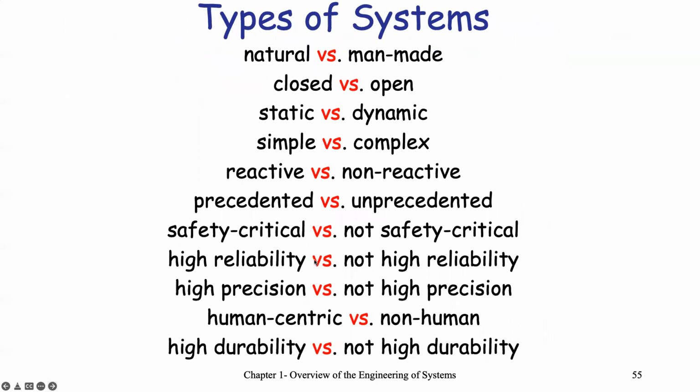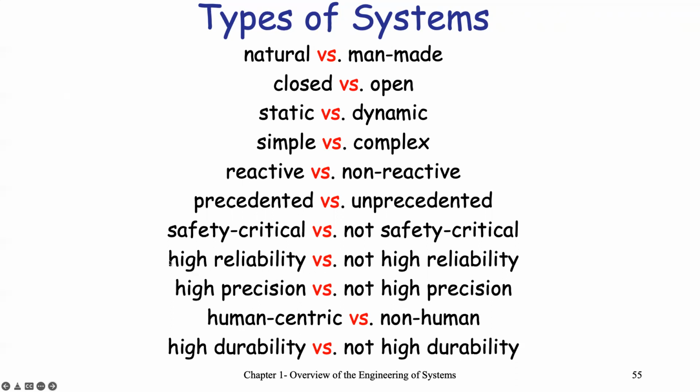So there's a variety of different types of systems. This might be helpful in giving you a perspective and thinking about what the domain area is. Is it something that's complex or simple, relatively speaking? How complex is what you're trying to do? I'm not going to go through each one of these. Is it closed or open? There's open source, for example, on both the software and the hardware side. Where are your interfaces? Does it need to have a high level of reliability?